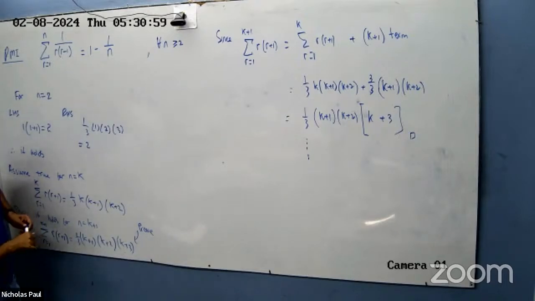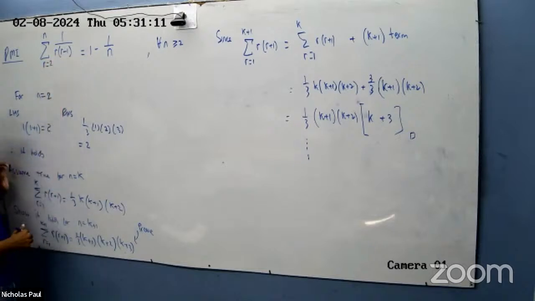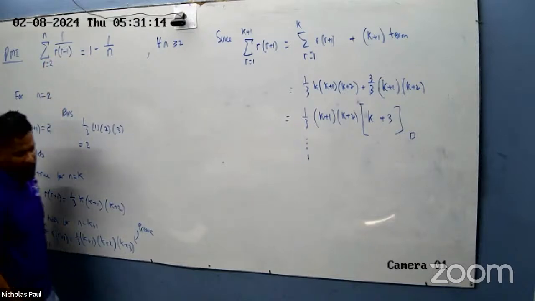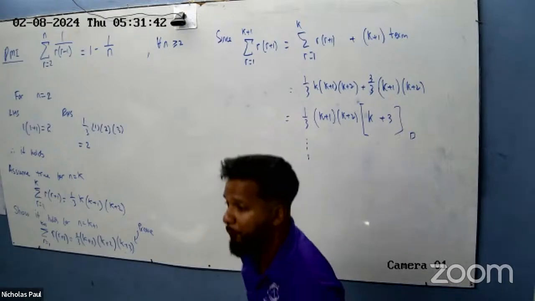So why do I have 1 there? Why do I have 1? Anybody done?